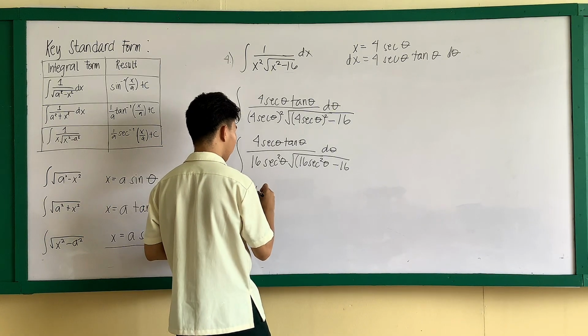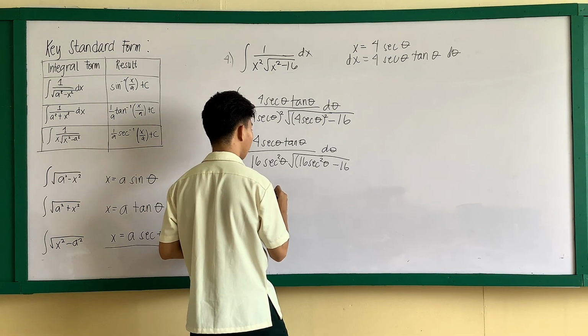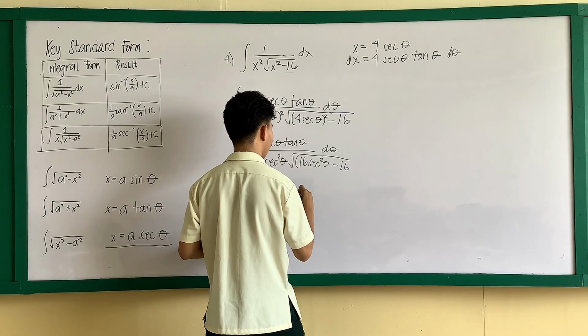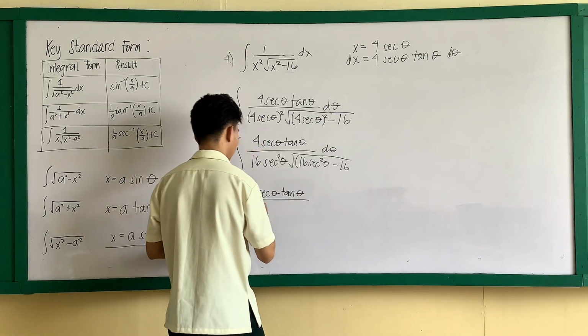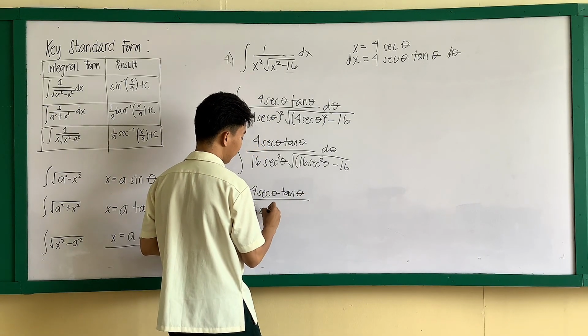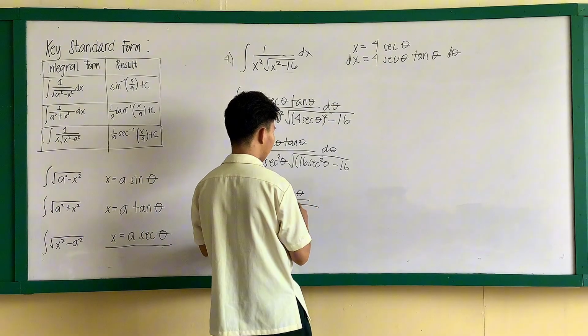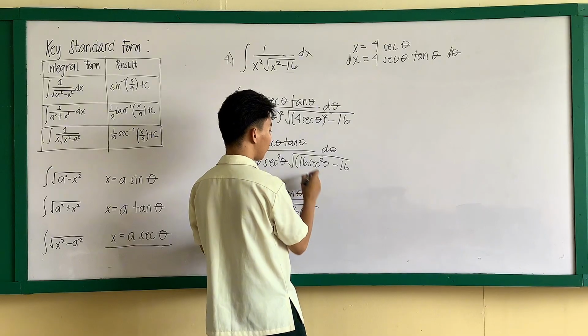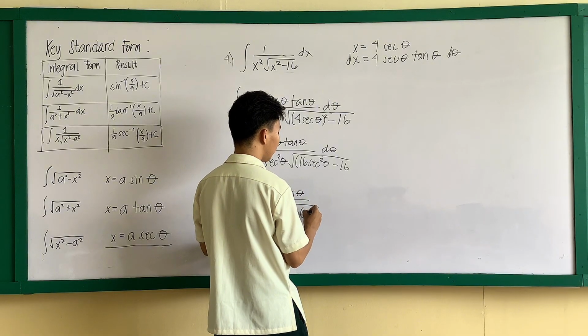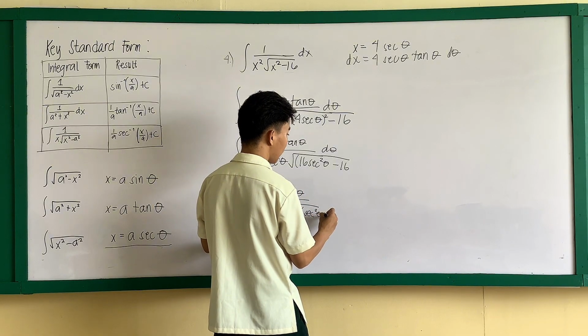Copy the numerator. Secant squared theta, square root of 16. So now it will be only secant squared theta minus 1.